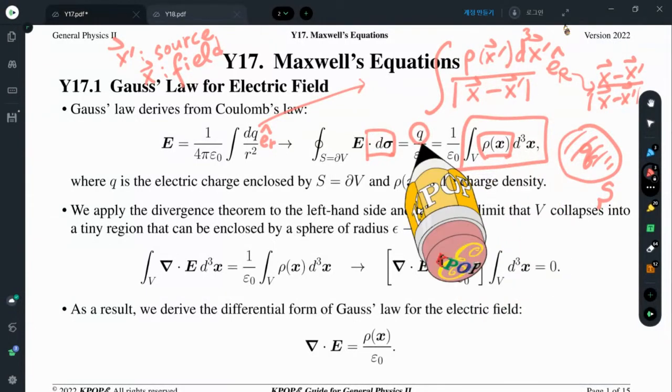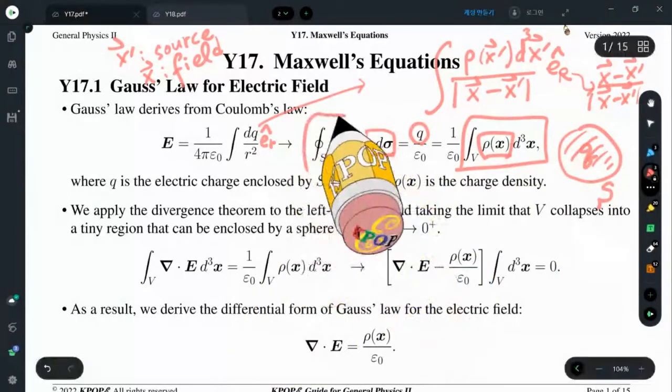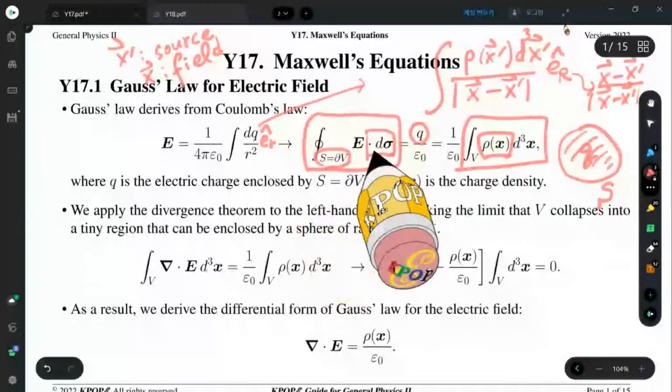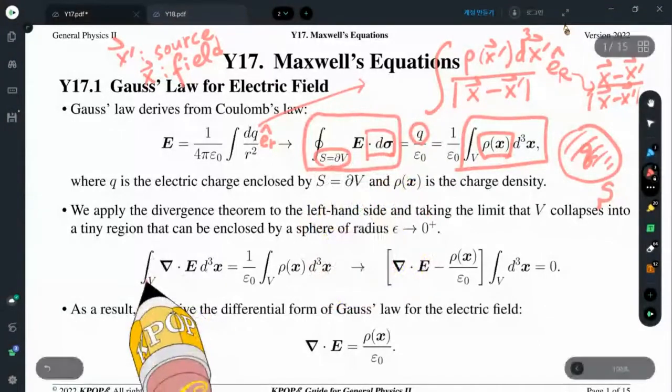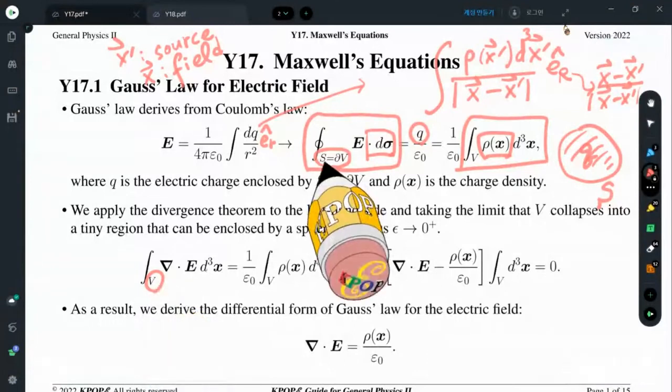If we apply the divergence theorem, the surface integral over a closed surface can always be expressed as a volume integral over the volume that is enclosed by the closed surface.